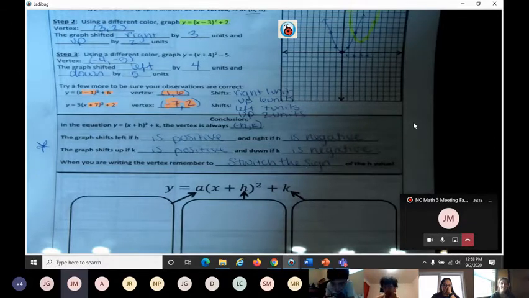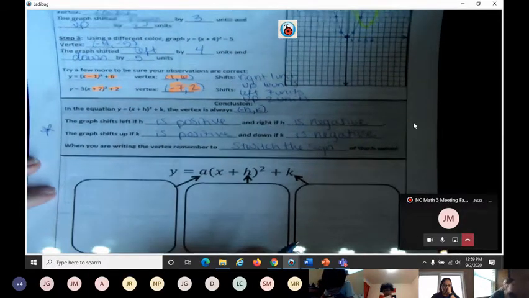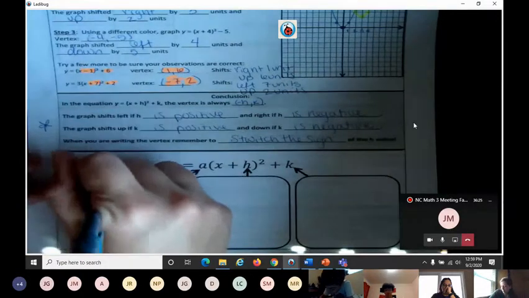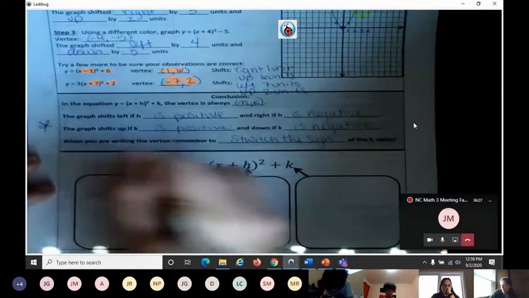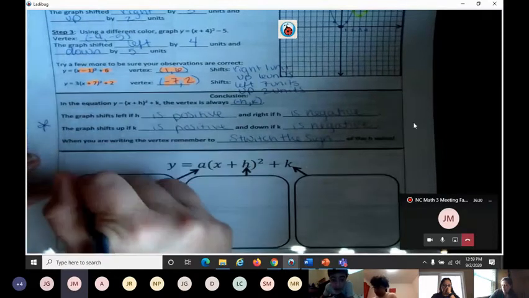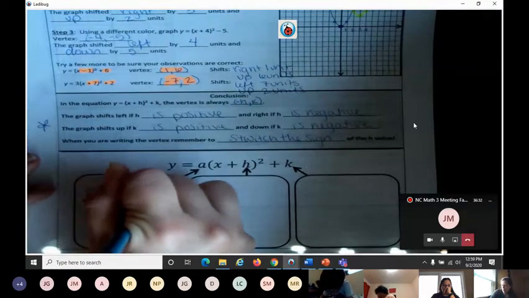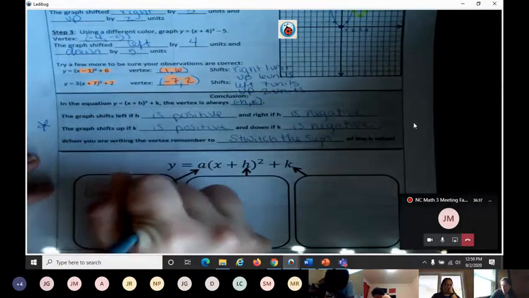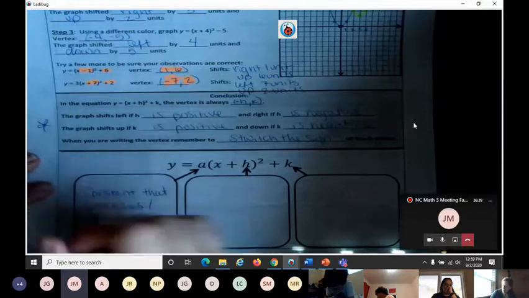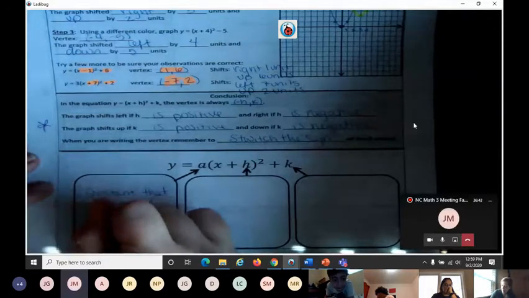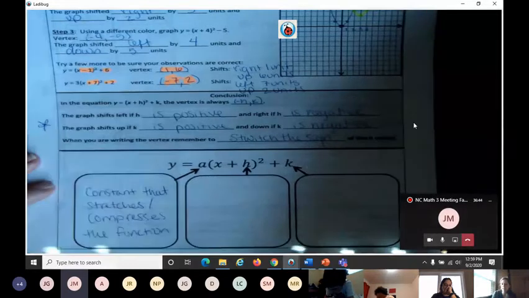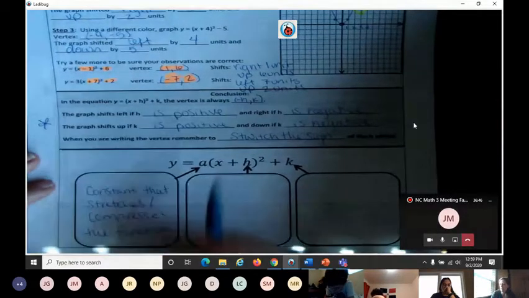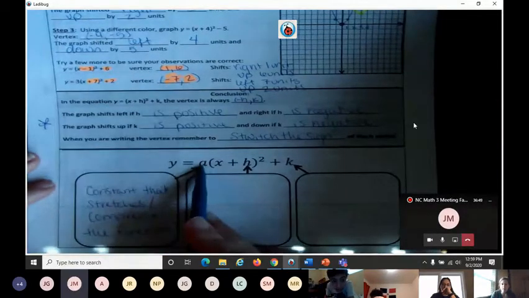Okay, now this variable a is a constant that stretches or compresses the function. So this one basically makes it fat or skinny when you're looking at the value in front of the parenthesis.